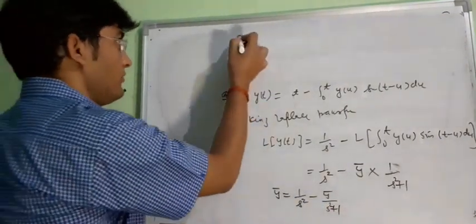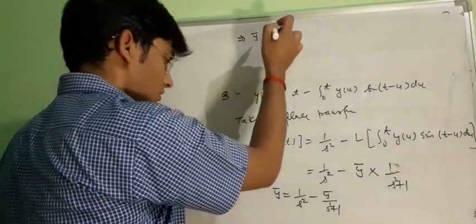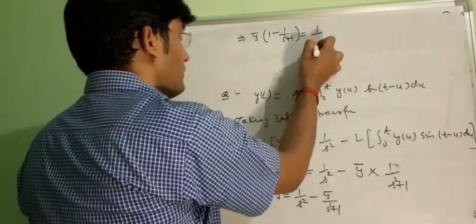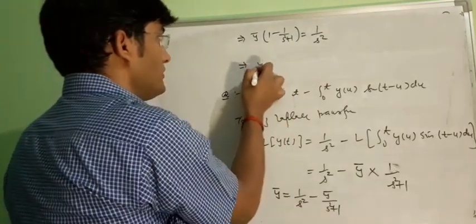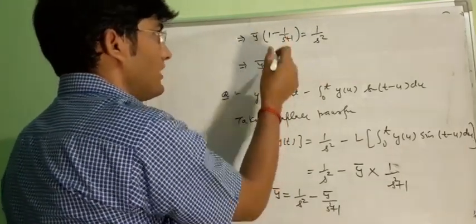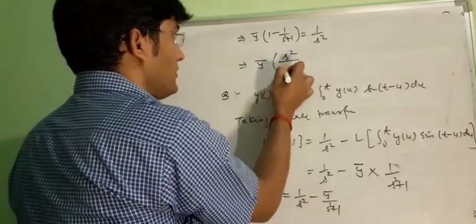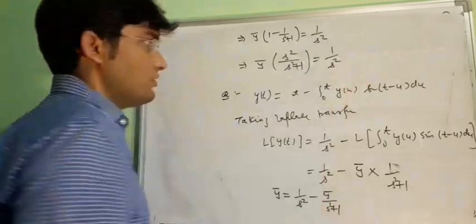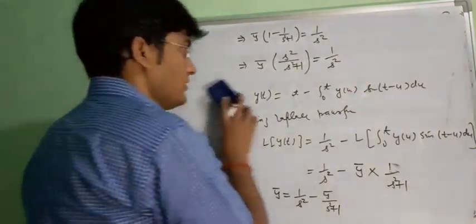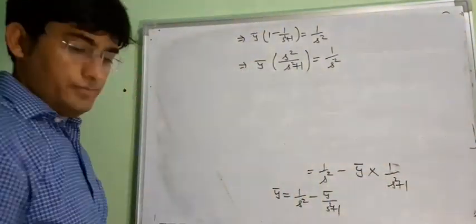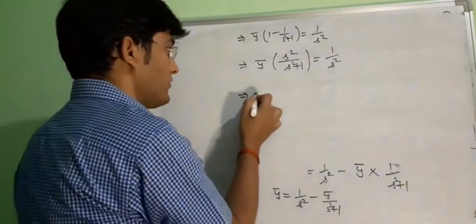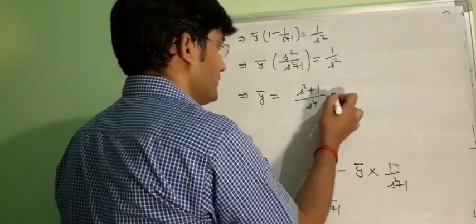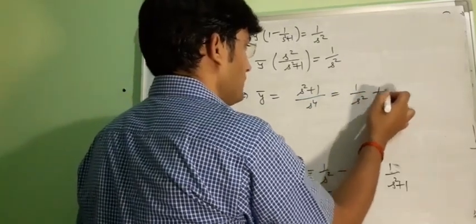So we will have y bar into 1 minus 1 upon s square plus 1 equal to 1 upon s square. So this is s square plus 1 minus 1, that means in the numerator we will have s square upon s square plus 1 equal to 1 upon s square. So our y bar equal to s square plus 1 upon s4. So this is equal to 1 upon s square plus 1 upon s power 4.